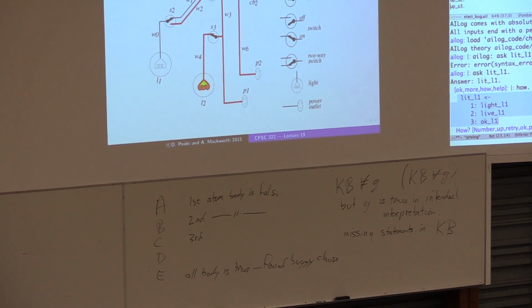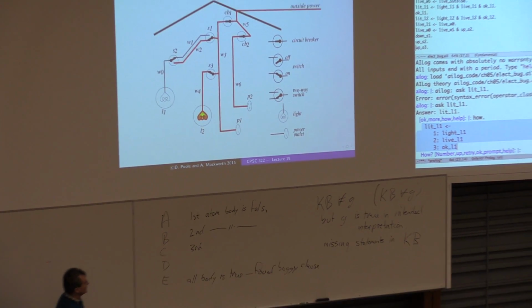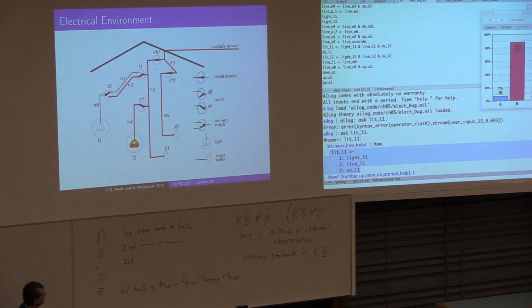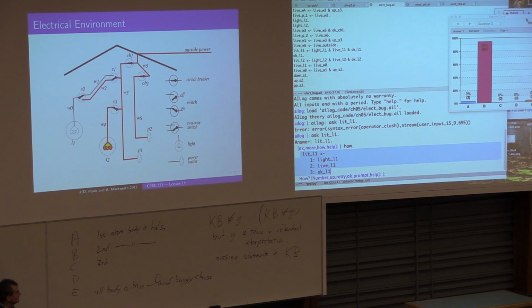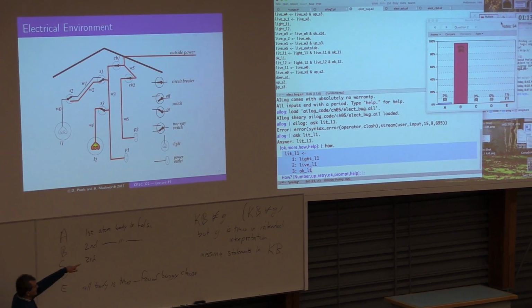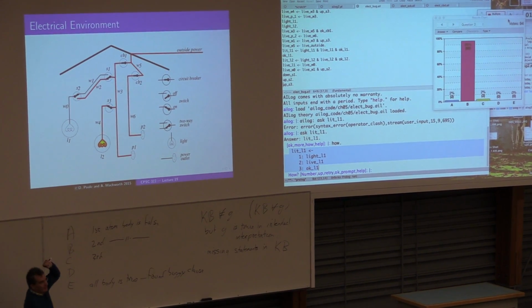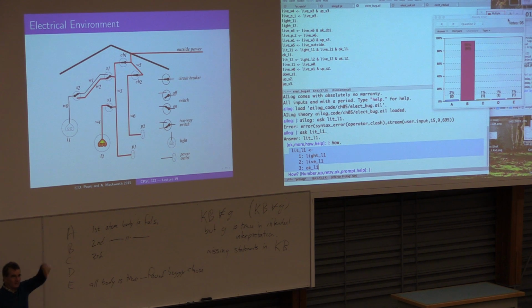B. So it's not a trap. It's a light. L1 is a light because we know what lights are. But there shouldn't be power coming into it, because that's what live means. Live means there's power coming into it. And it might as well be OK. Does it make sense?